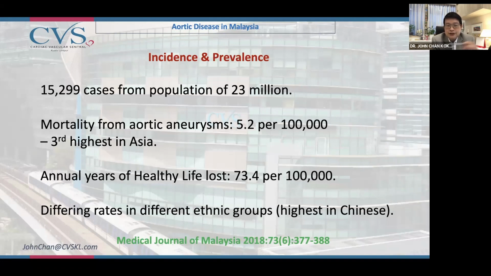Interestingly, there are different rates of aortic diseases among the different ethnic groups in the country, and it appears to be highest in the Chinese population. And if you look at studies in Europe as well and the US, there does seem to be a higher incidence in certain ethnic groups. So there may be a genetic component as well to the aortic diseases.